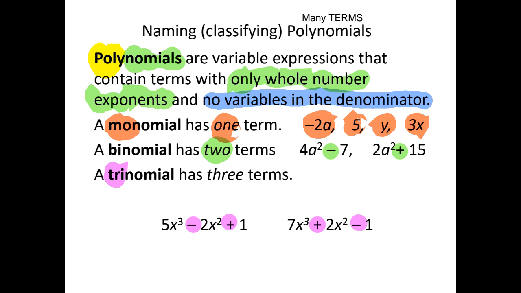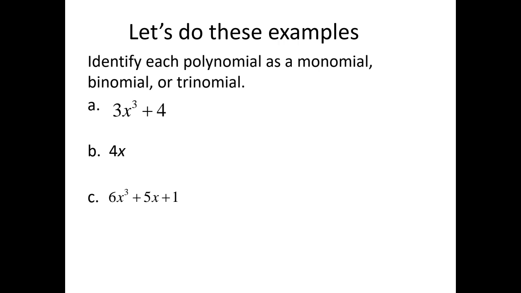Okay? Now, knowing these vocabulary words, it's asking you to identify. Okay? Identify means tell me what it is. Well, when I have a plus, this is known as a binomial. 4x is a monomial.